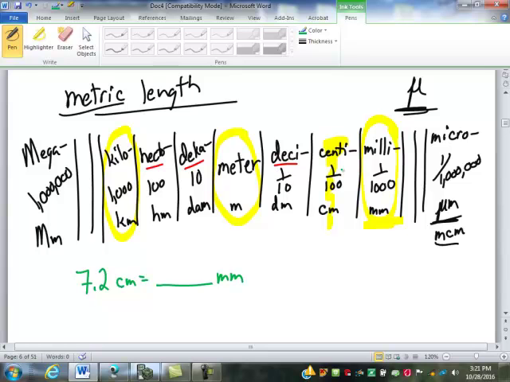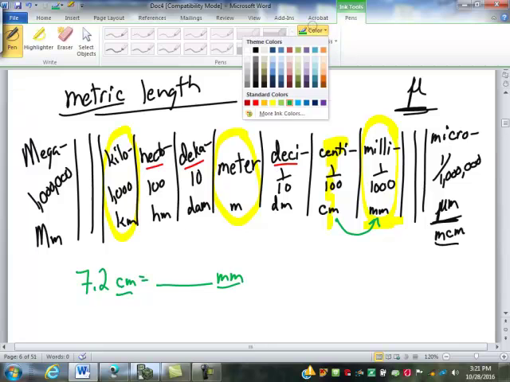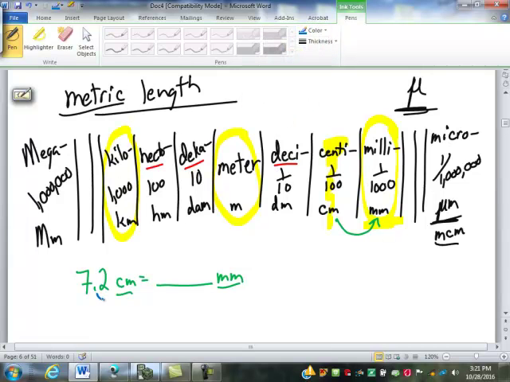Yeah, it moves it left or right, one spot, right? So each spot on this chart is just a decimal place. If I'm going from centimeters to millimeters, that's one spot to the right on my chart. Conveniently, the decimal point just moves one spot to the right in the number. That becomes 72 millimeters.